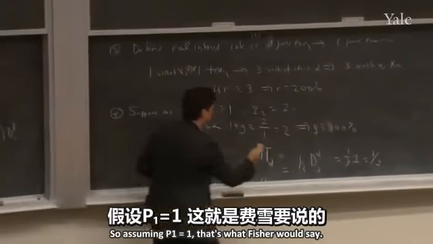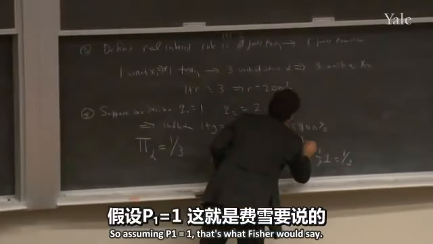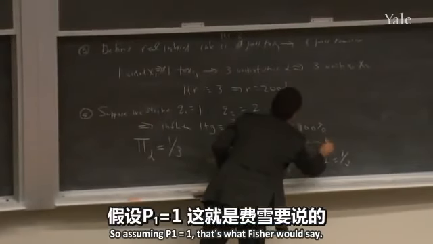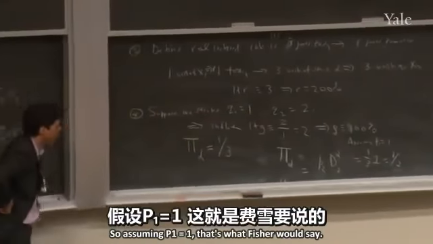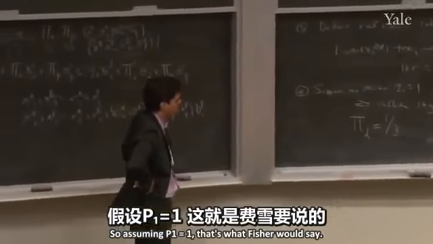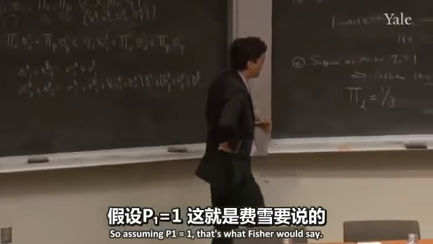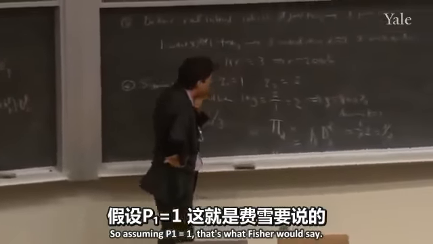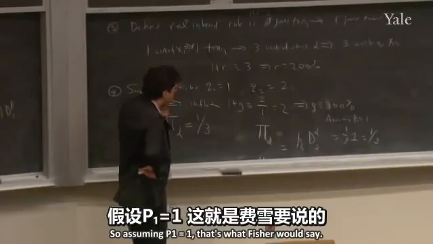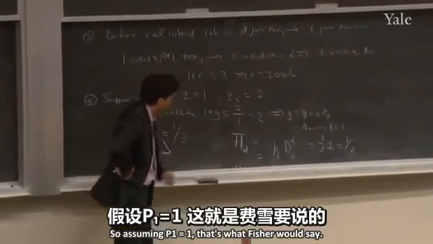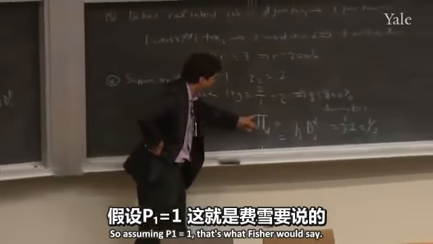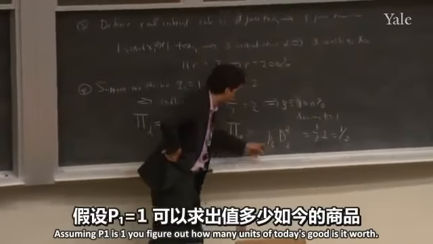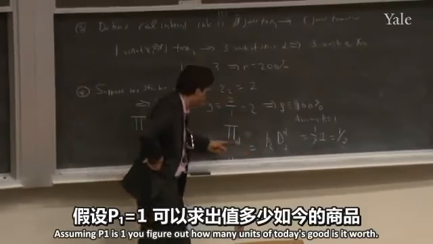So assuming P1 equals 1, that's what Fisher would say: you figure out how many units of today's good it is worth.